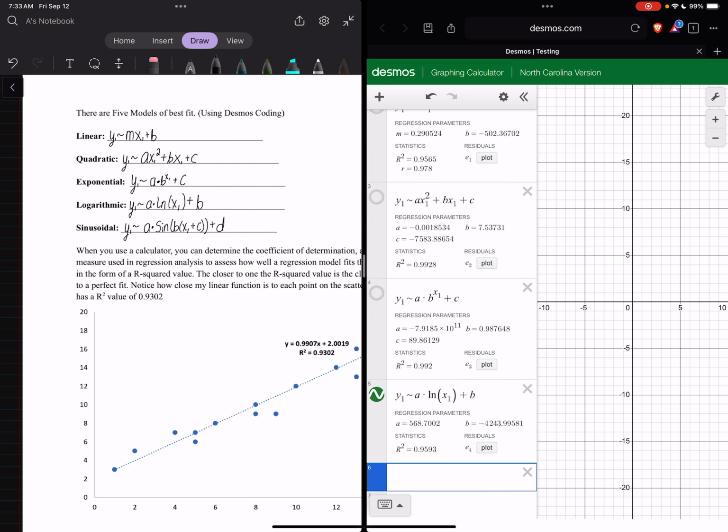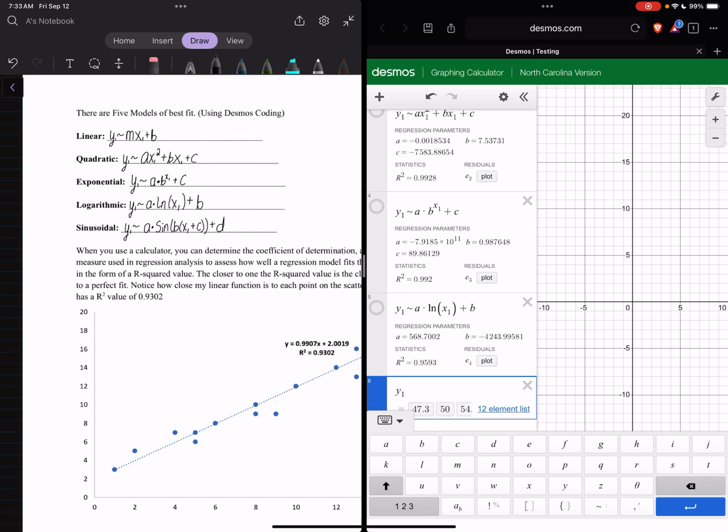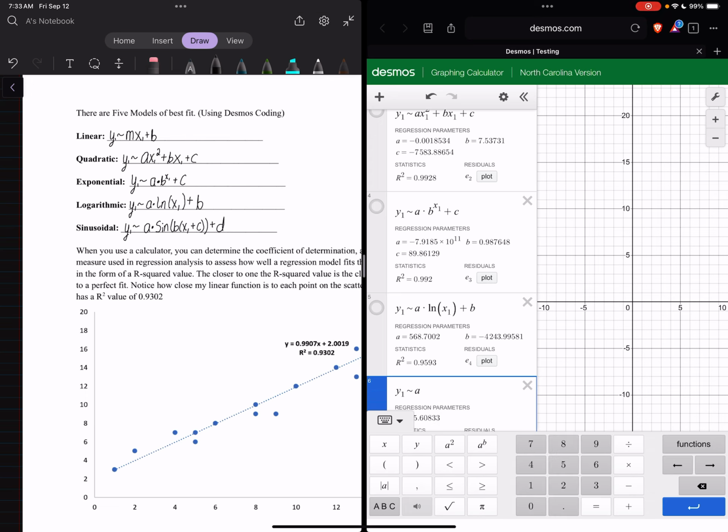Lastly, my sinusoidal function. Once again, there are two different ways to write it. You could use cosine. However, I am partial to sine for these problems.